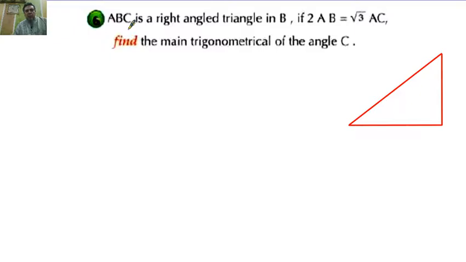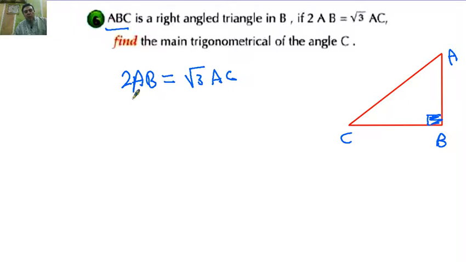Number 6: ABC is a right angled triangle at B. If 2AB equals square root 3 AC, then what is the length of AB and what is the length of BC?